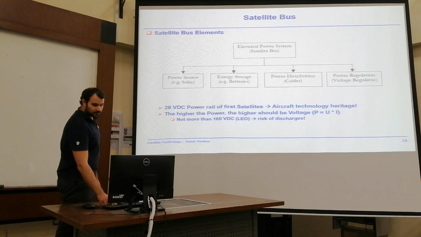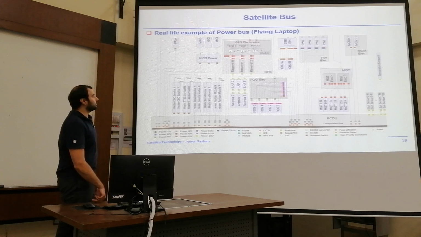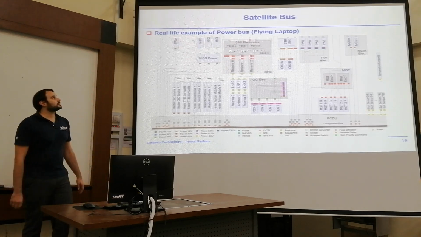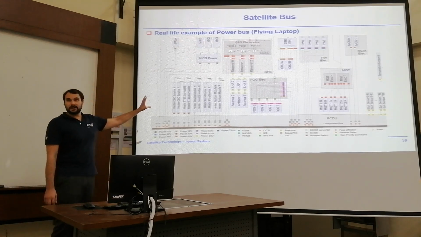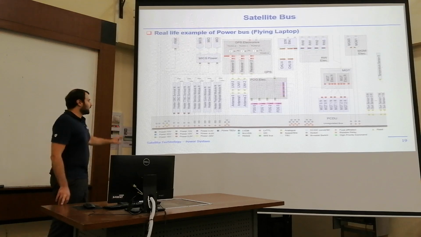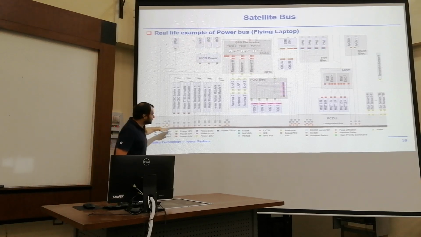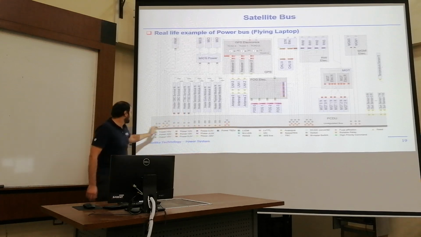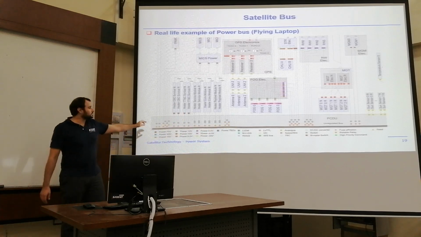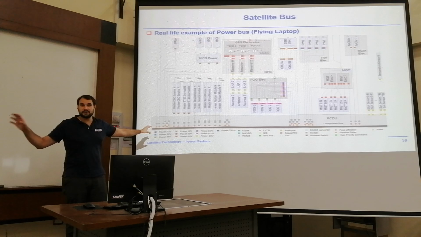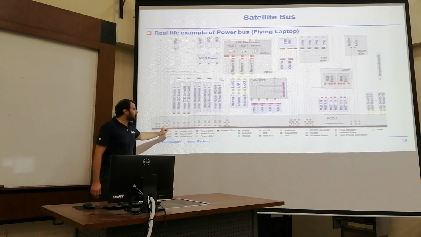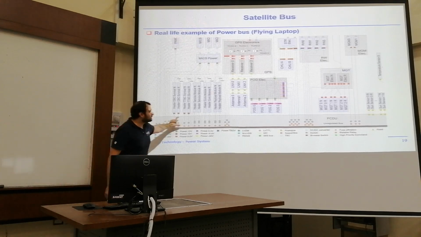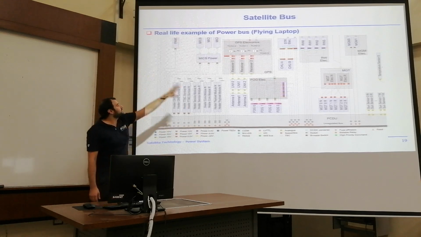Just to let you know, I again show you a real-life example of a power bus. This is part of the power bus of the Flying Laptop satellite, the small satellite. Down here you see the unregulated bus, 70 volts. This is directly coming from our batteries. Then we have a lot of interfaces there, interfacing all the different units you can think of.